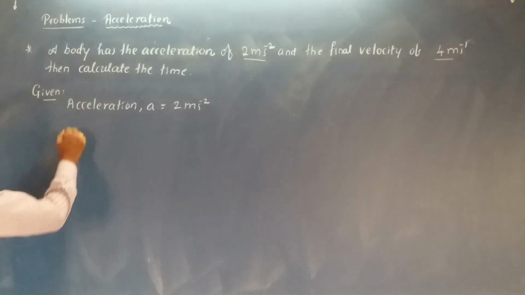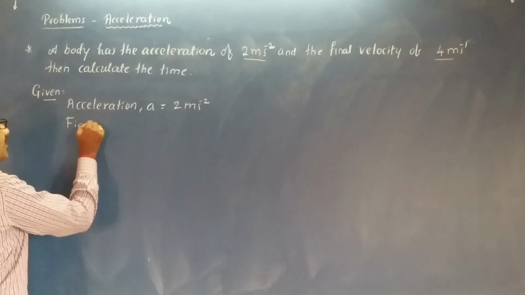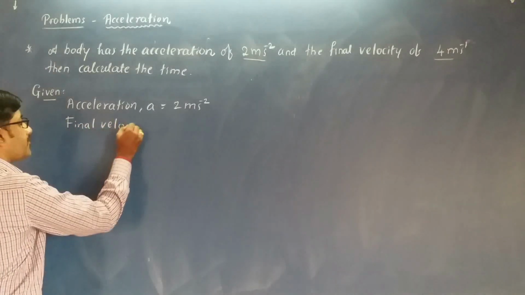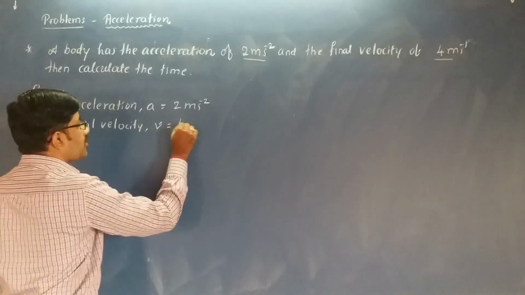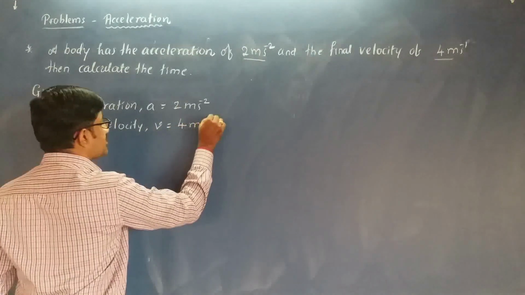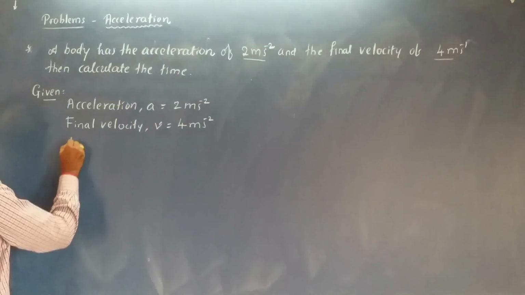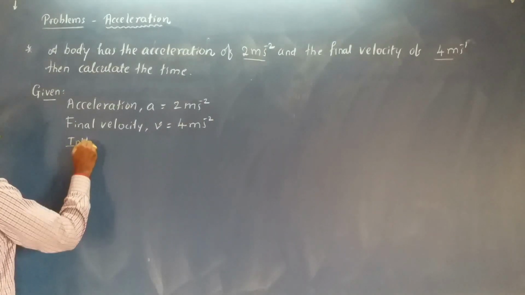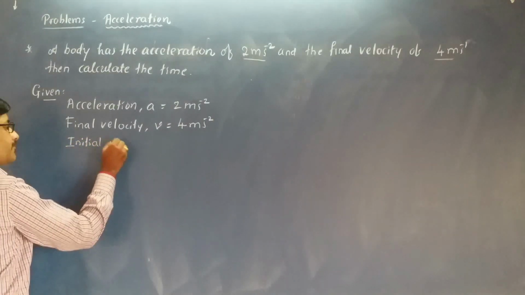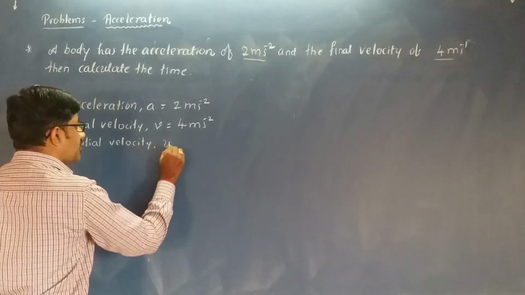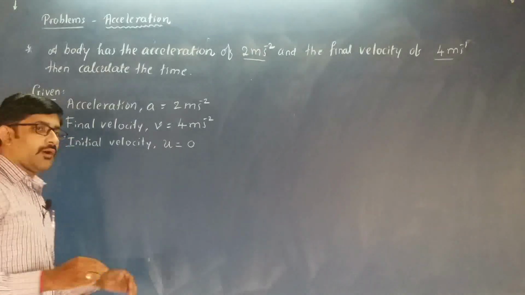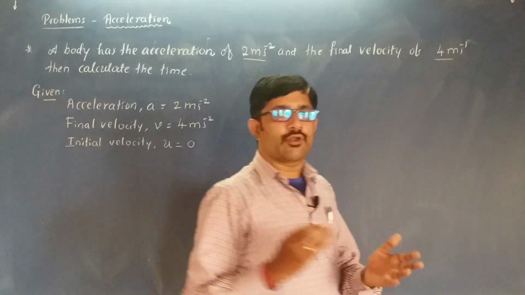Then the final velocity v is equal to 4 meter per second, and the initial velocity will be 0, because by our understanding only the final velocity is given.